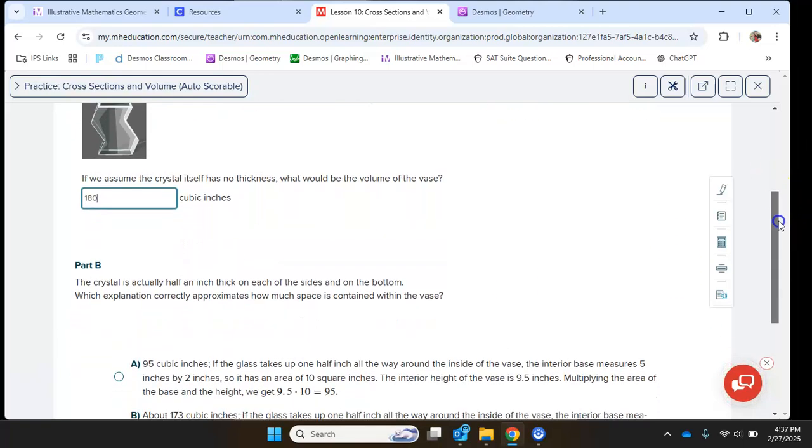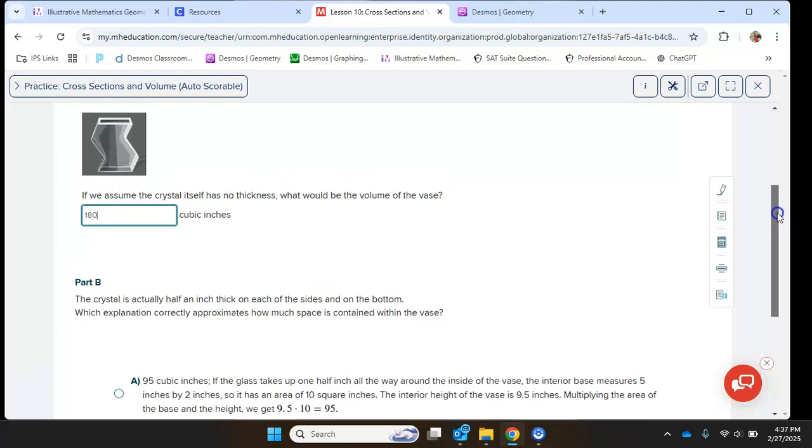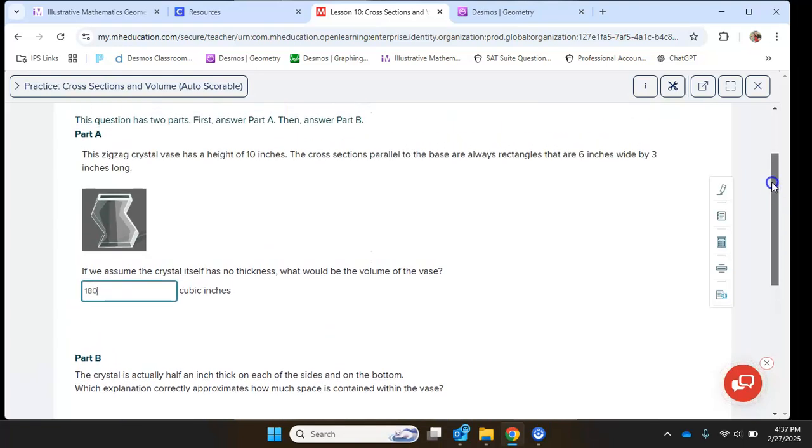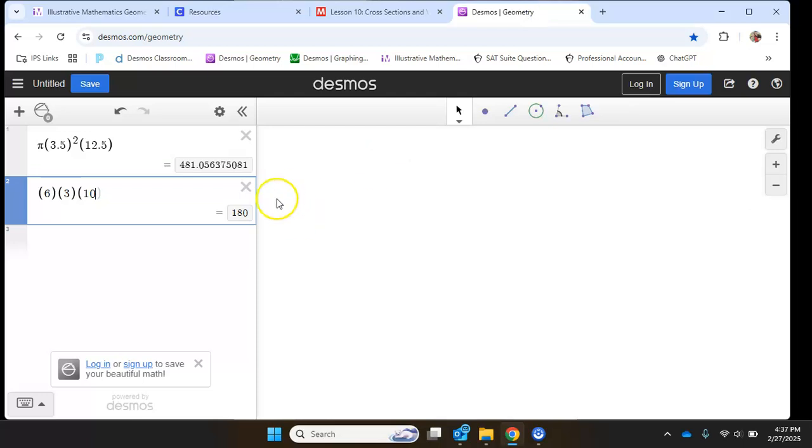The crystal is actually half an inch thick on each of the sides and on the bottom. Which explanation correctly approximates how much space is contained within the vase? If it has a half inch on the bottom, that means its height would be 9.5.